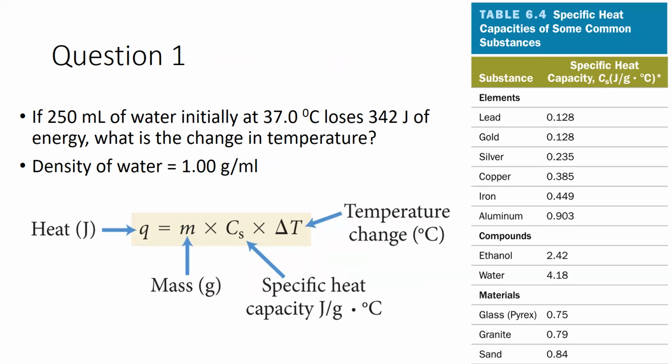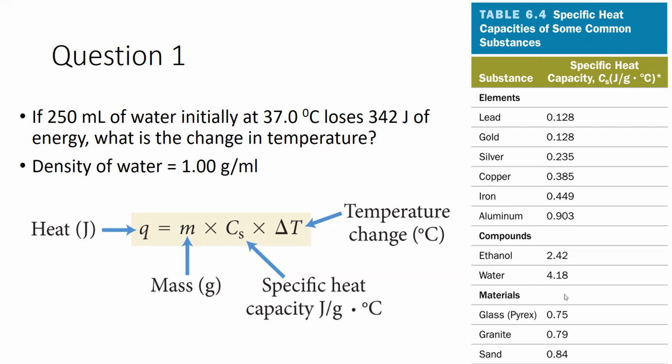So that gets us to our first question. You have 250 milliliters of water. This is at 37 degrees centigrade. You lose 342 joules of energy. What is the change in temperature? What is delta T then? And the density of water is 1 gram per milliliter.